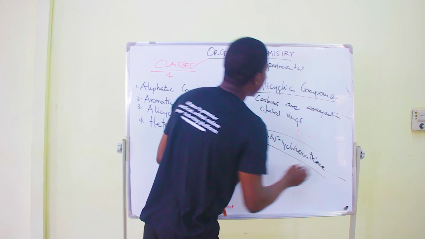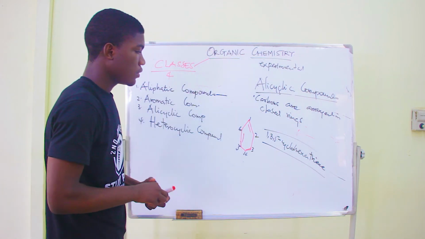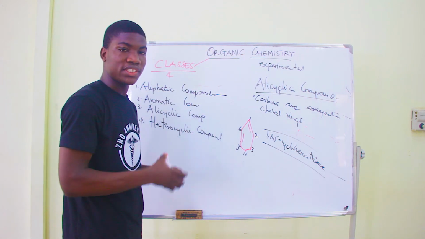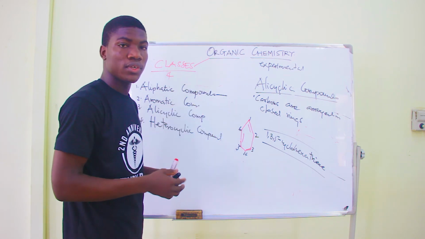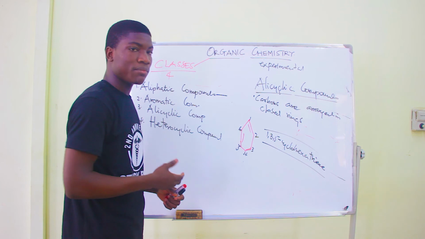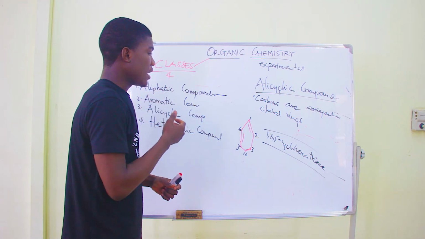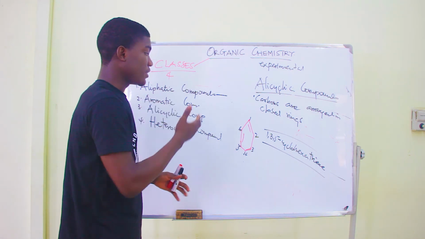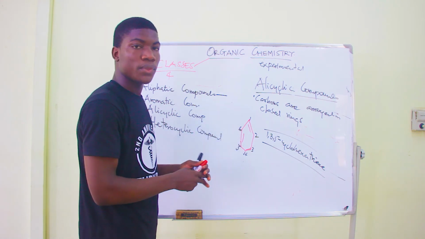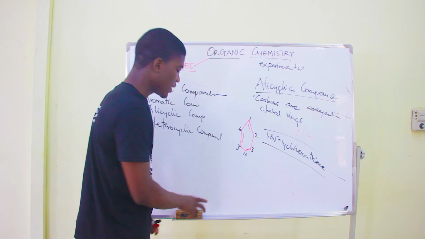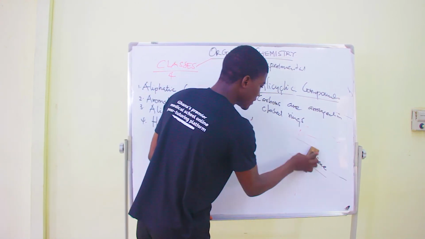This is an alicyclic compound with unsaturation, with alternating double and single bonds. This is the structure proposed by an organic chemist known as Friedrich Kekulé. So don't confuse yourself. We'll get to the nomenclature and treat everything there.